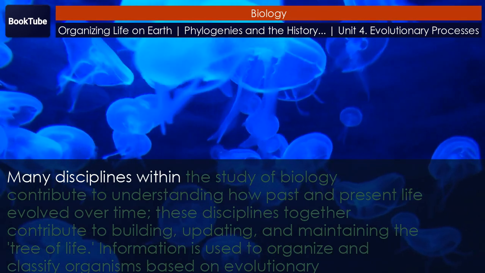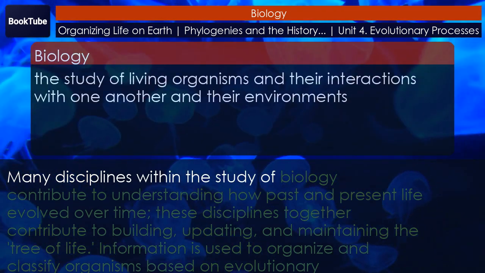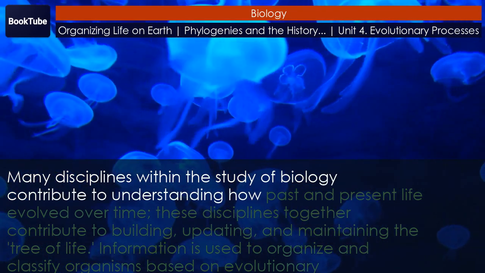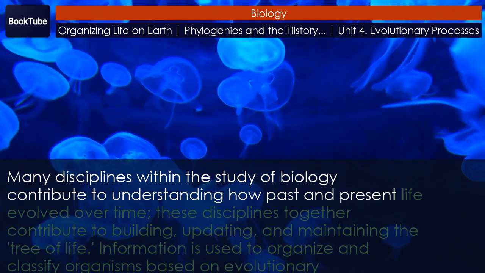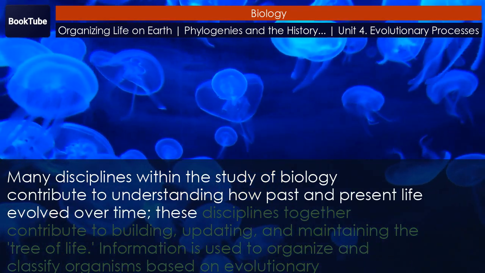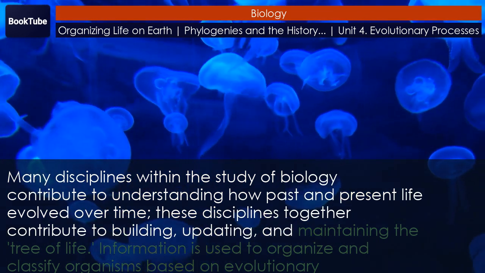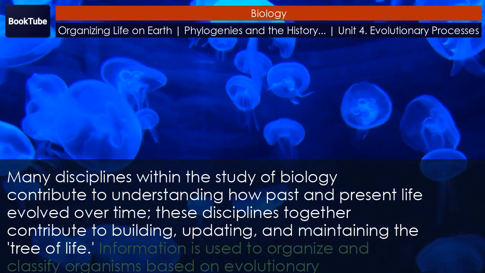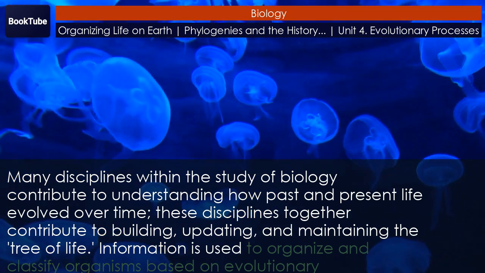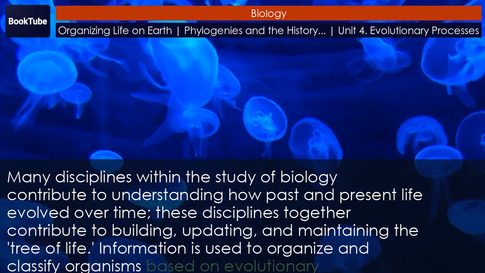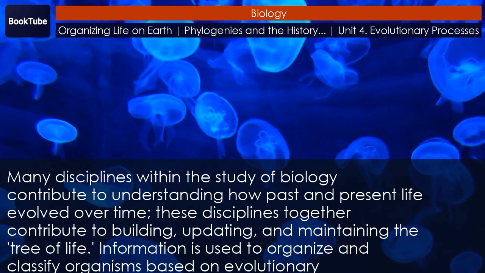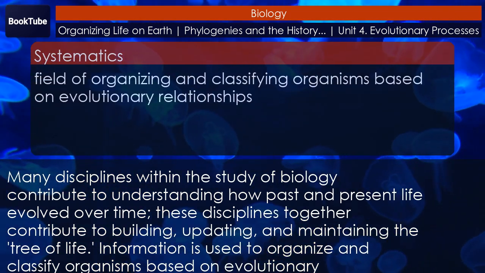Many disciplines within the study of biology contribute to understanding how past and present life evolved over time. These disciplines together contribute to building, updating, and maintaining the tree of life. Information is used to organize and classify organisms based on evolutionary relationships in a scientific field called systematics.